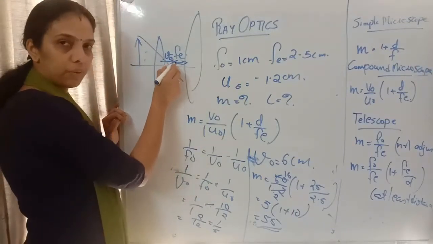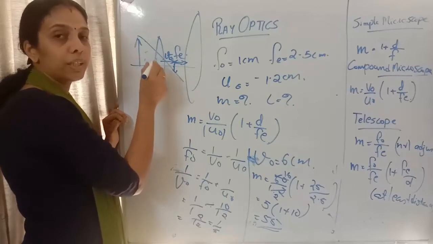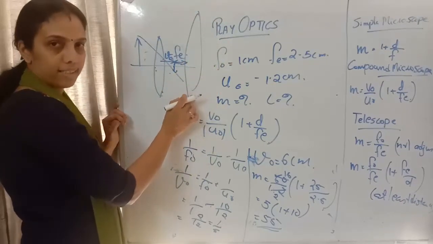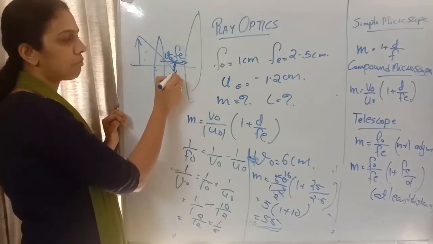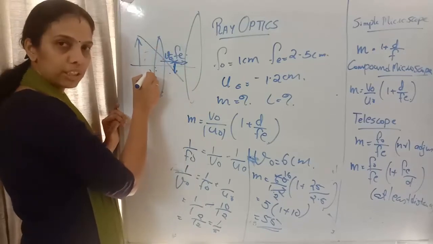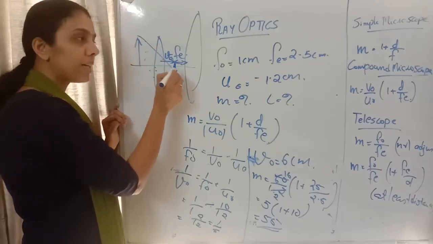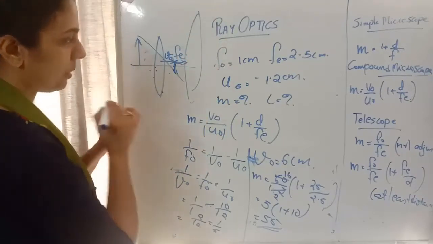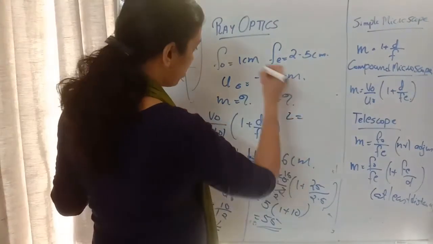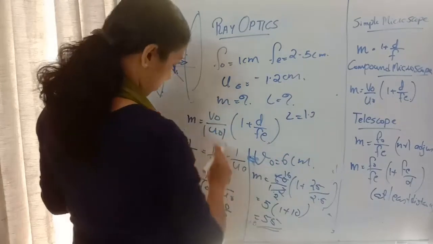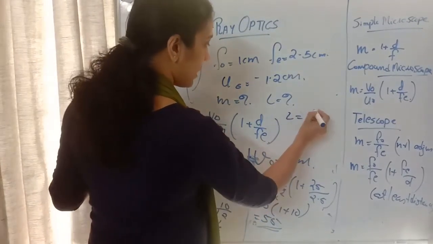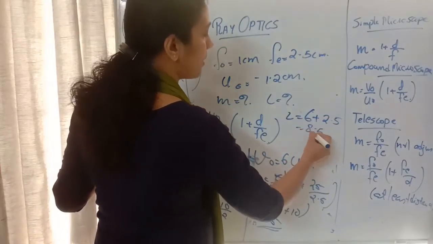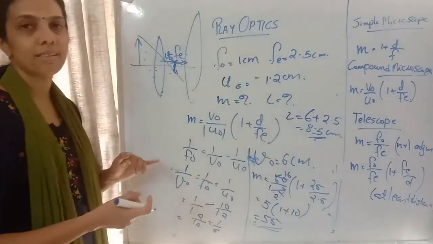The image from the objective will be formed at the principal focus of the eyepiece. Therefore, VO plus FE it will be. So, what is L? L will be equal to VO, VO is 6, plus FE is 2.5. Therefore, 8.5 centimeter. Clear? This is how we will find out this.